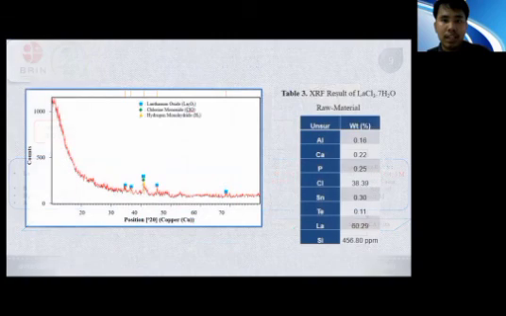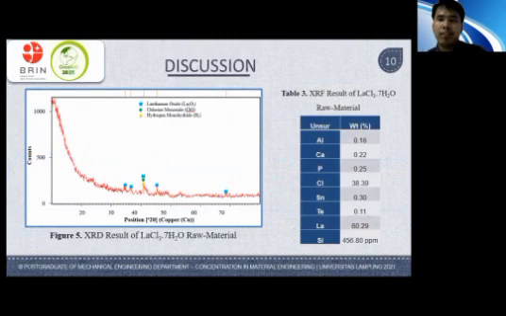Okay, this is the result of X-ray diffraction, showing that the dominant compounds present in the lanthanum chloride are lanthanum oxide, chlorine monoxide, and hydrogen monohydride. From the XRD graph in figure 5, it can be seen that the graph has only slight peaks because the raw material is close to pure.